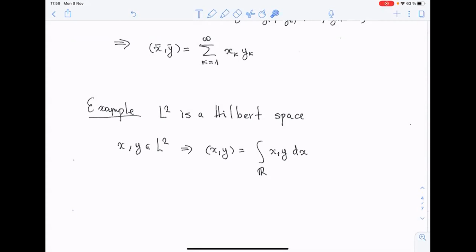But you don't have to know all these details. You have to realize that when we work with L2 spaces, the square integrable functions, they are Hilbert spaces. They are something that we need. And this is what I wanted to remind everyone.